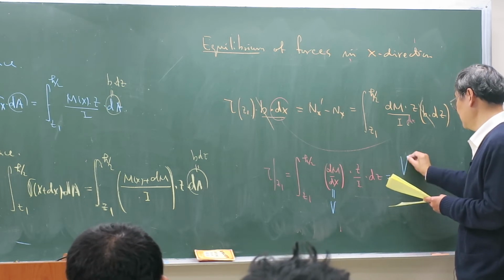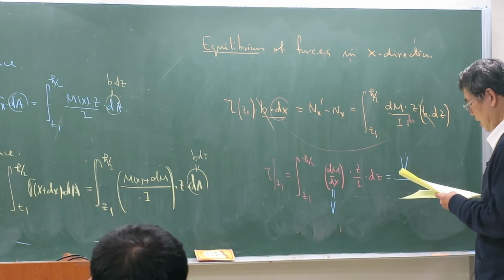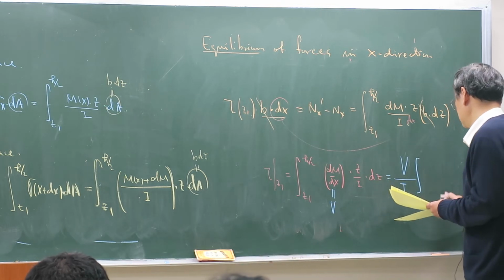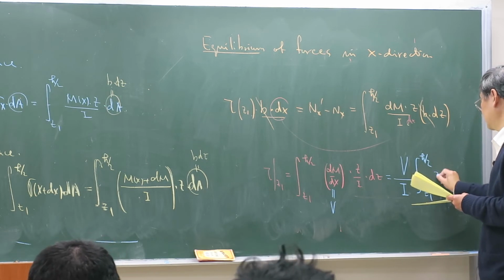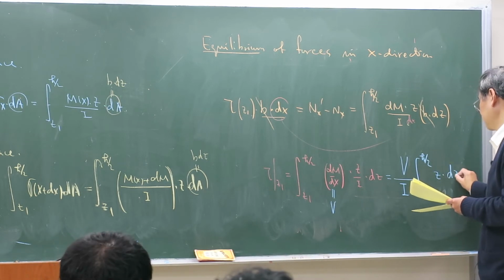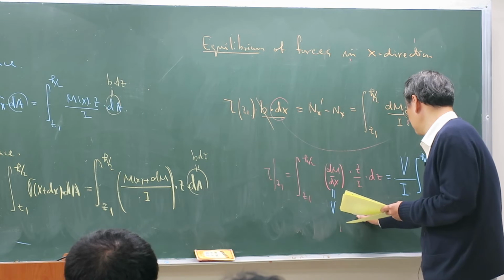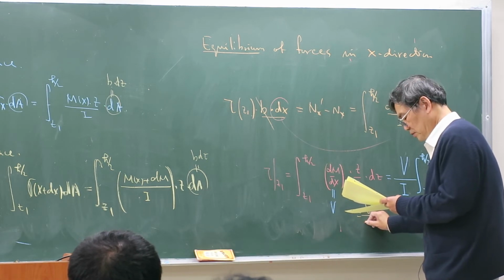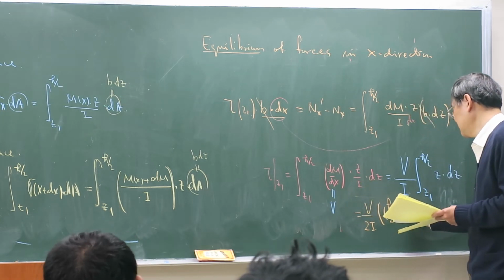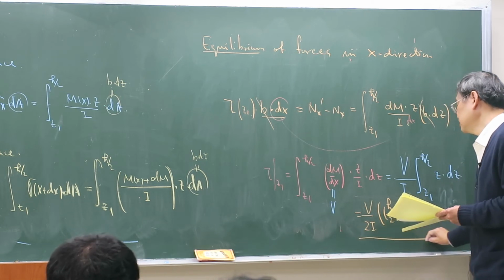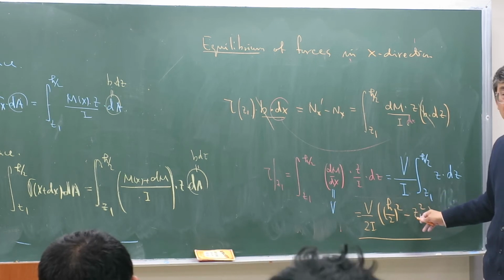That will be V over I times the integral from z1 to half h of z dz. The result will equal V over 2I times (half h squared minus z1 squared). So that's the shear distribution inside the equation with respect to the z1 coordinate.